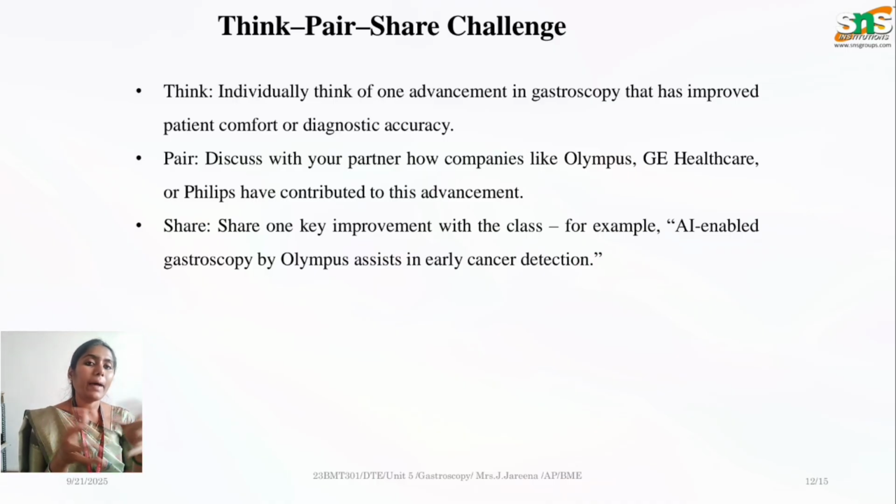Then they will pair up with a friend and have a short discussion, a small brainstorm between the two of them about the information collected. Then the two will come in front of the class to share the points collected on the given topic.